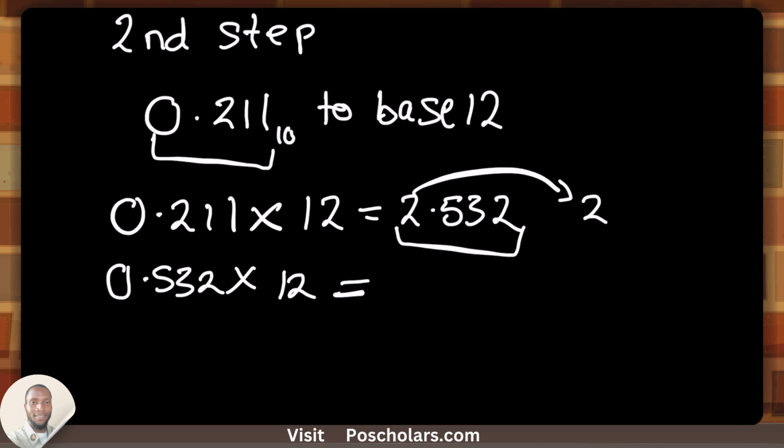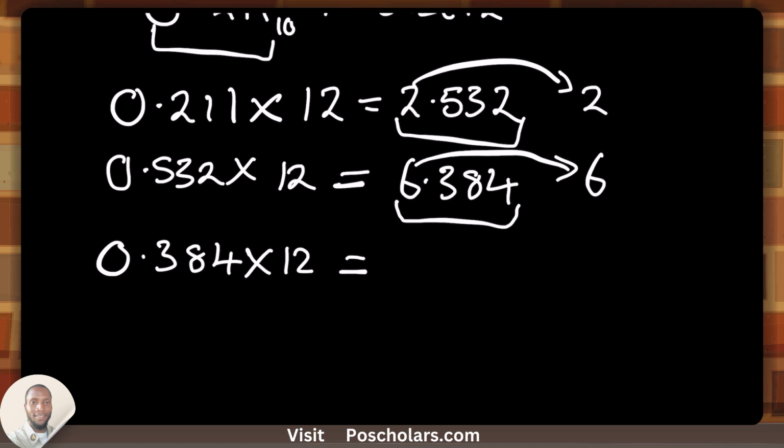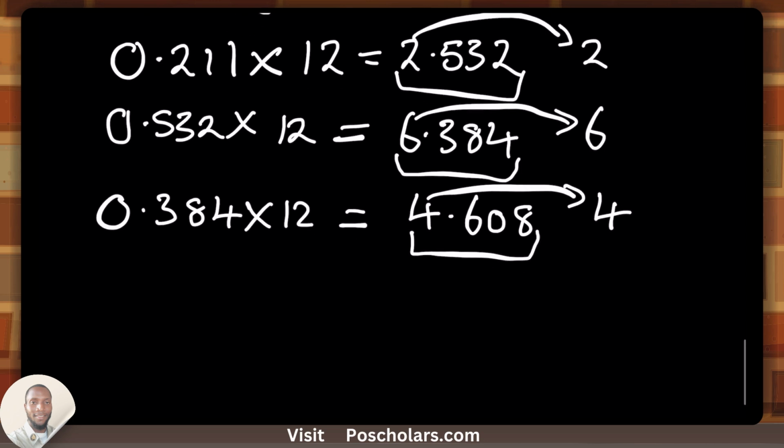We have 6.384. We are interested in the whole part, which is 6. Next, the decimal part is 0.384. Multiply by the required base, 12, and you have 4.608. We are interested in the whole part, which is 4. Then again, the decimal part for 4.608 is 0.608.